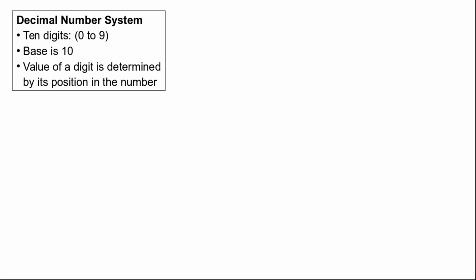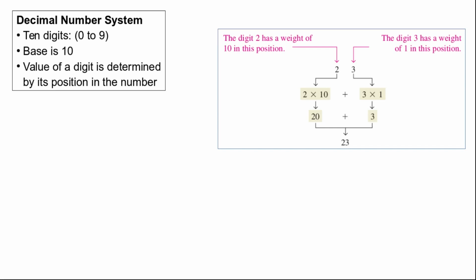in the number. Let's take an example, the number 23. Now the number 23 we can represent as 20 plus 3, and 3 we can write as 3 into 1, and 20 we can write as 2 into 10.